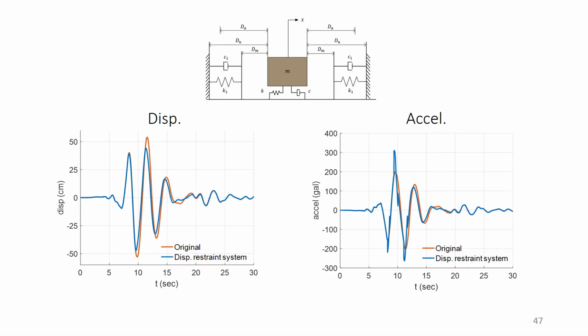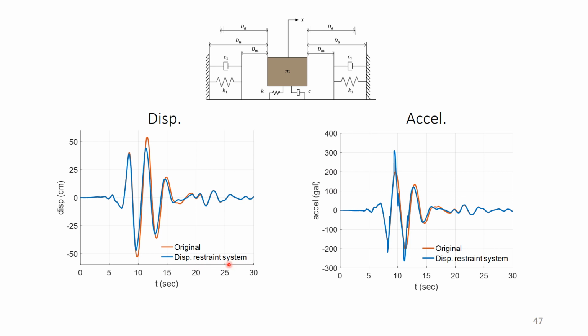So for alpha 1 and alpha 2 equal to 2, we will draw the displacement and acceleration time history. The orange line will be the original structure without the displacement restraint mechanism, and the blue line will be the time history after installing the displacement restraint mechanism.